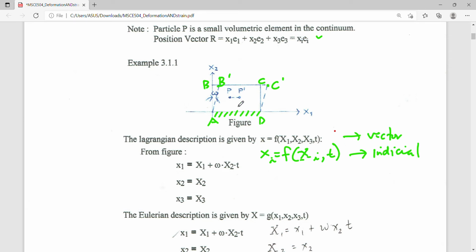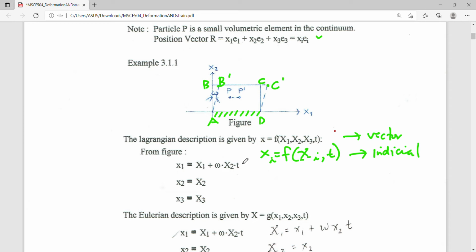If you want to take a look at point P, the particle movement from P to P prime, since this body is fixed at the bottom AD, then the movement of the particle P will be parallel to the x1 axis, such that your x1 displacement is simply defined by the original position capital X1 plus the original position capital X2 multiplied by the angular displacement omega at time t.